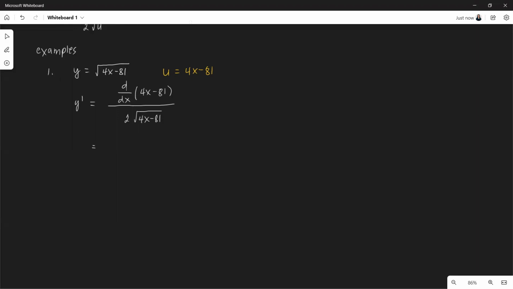Derivative of 4x minus 81 is 4. And there's always a 2 here in the denominator beside the square root of u. So simplify. We have 4 divided by 2, so that's 2, and then over square root of 4x minus 81. So this is the y prime.